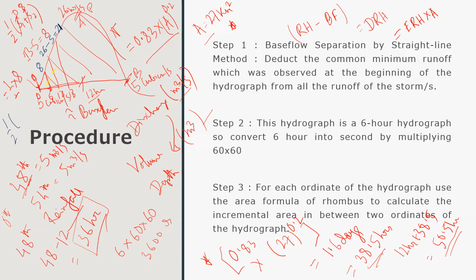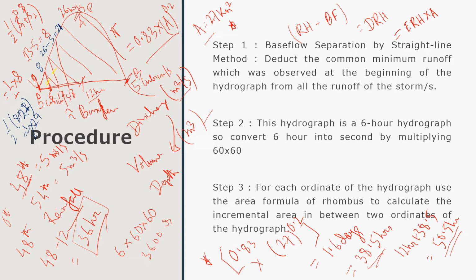So the area of the rhombus will be half 8 side 1, sorry 21, not 12, 21 side 2, that means half multiplied by 29.